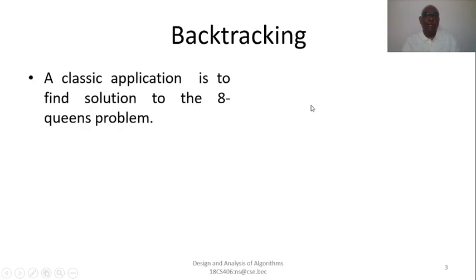A classic application that is solved using backtracking is the n-queens problem. Now let's take an instance of the n-queens problem where n equals 8, that is the 8 queens problem. The statement of the 8 queens problem goes like this.